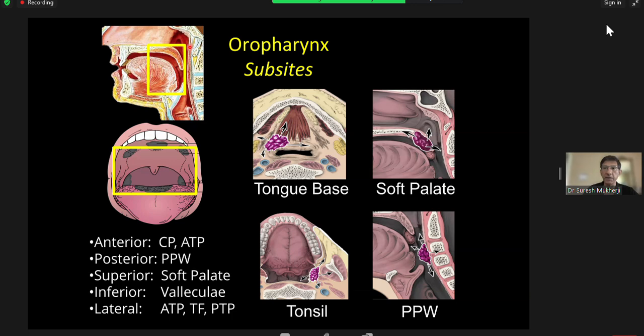Now, the interesting thing is that when you read other anatomic textbooks, they suggest that the separation between the nasopharynx and the oropharynx is along the superior surface of the soft palate. If you're in a relaxed position, then you can make the argument that everything above here is in the nasopharynx.